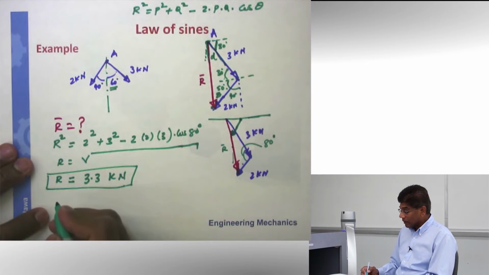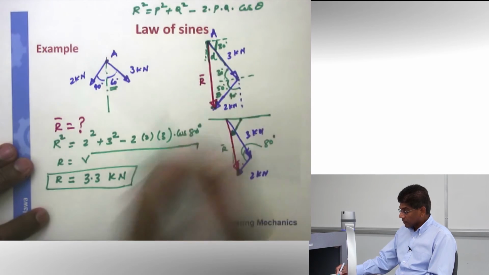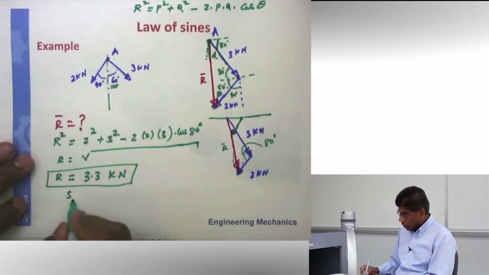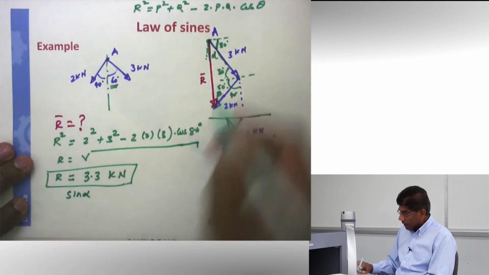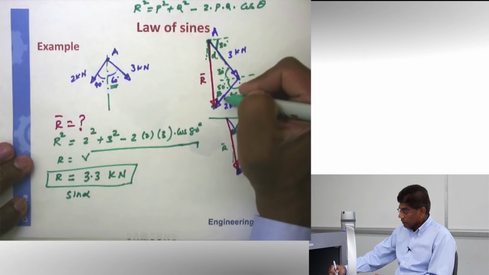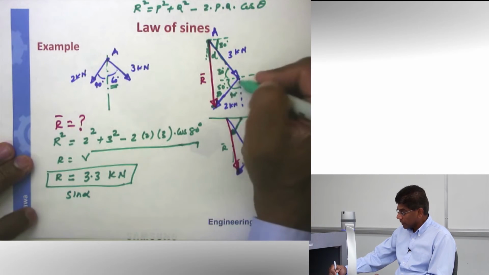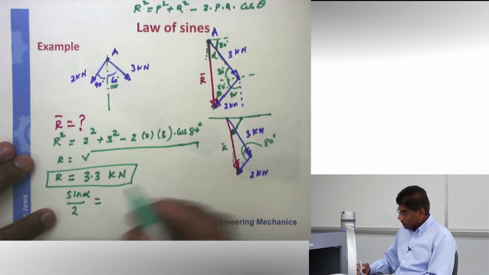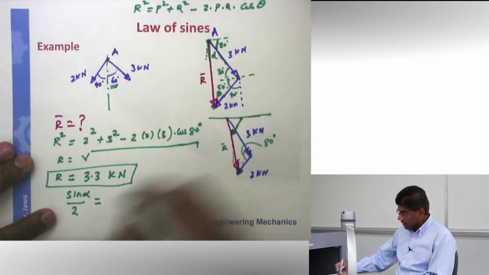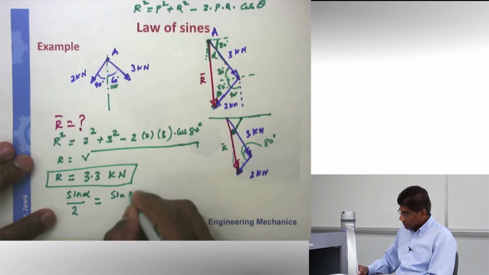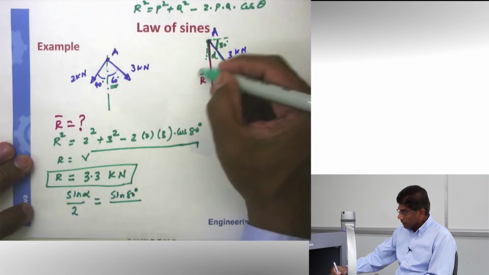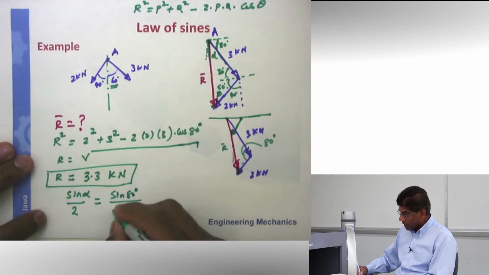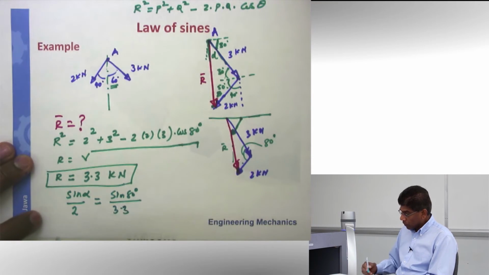Well, if you recall, we have used law of sines. If I use law of sines, it is going to be sine alpha using the side against it, which would be in this case 2 kilonewton, would be equal to, I know this 80 degree, sine 80 degree divided by the magnitude of R, which I found out as 3.3 kilonewton.